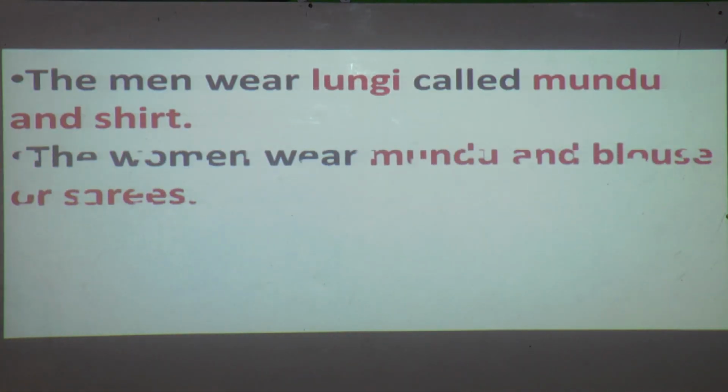So now come to the traditional dress of Kerala. What do the men wear? The men wear a lungi, which is called mundu. The traditional dress is a lungi, called mundu, and a shirt. The women wear mundu and blouse or saris. So let us see that.